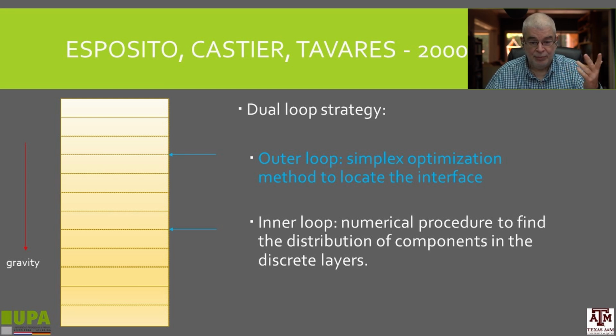And the approach we took at that time was to have kind of two loops. In one loop, we locate the phase interface, and then we discretize, for example, here, we create discrete elements for the liquid, and we create discrete elements for the vapor, and we then use a TVN flash to find out the distribution of the elements within the phases.